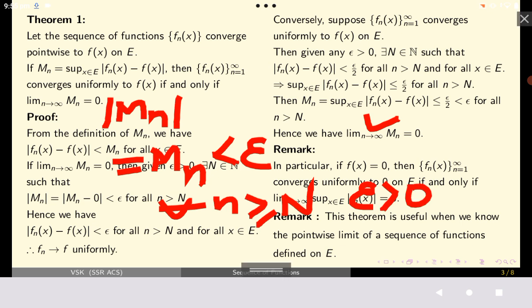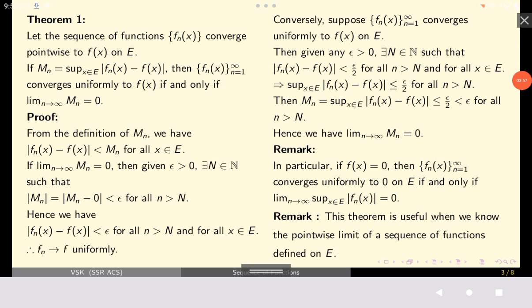So this condition we have proved. In particular, if f(x) is equal to 0, then f_n(x) converges to 0 on E if and only if the supremum of this expression is equal to 0, because here we are taking f(x) equal to 0 in this case.